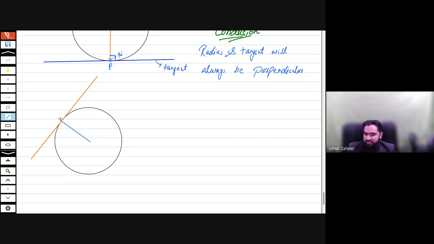They meet at the same point. It is a radius and a tangent, so this angle must be 90 degrees. I'm not sure what the tangent is, what the radius is, or what the length of this one is. It doesn't matter. The angle between the radius and the tangent, if they meet at the same point, is always 90 degrees. They are always perpendicular.